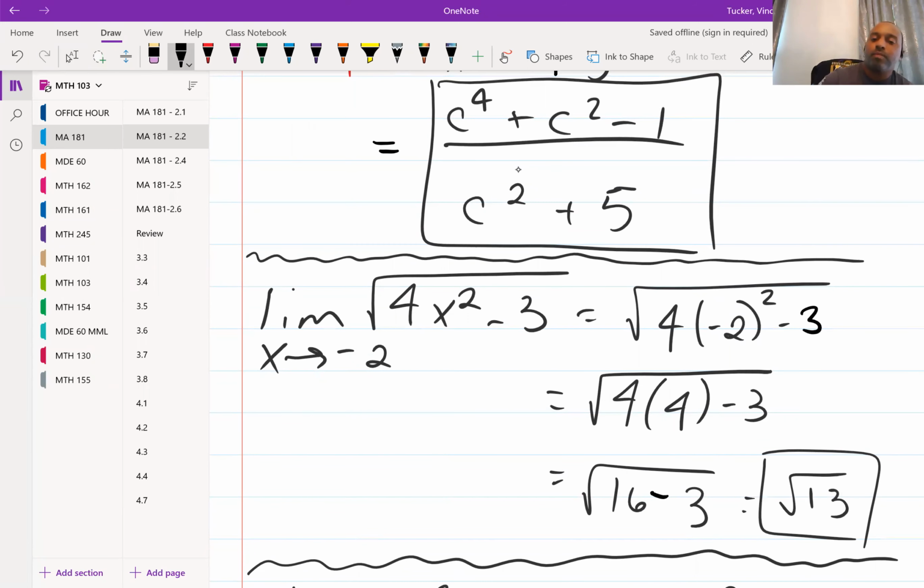So that'll be the square root of 13. Any problems?